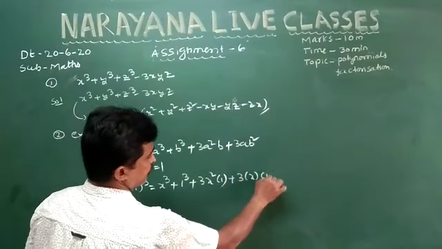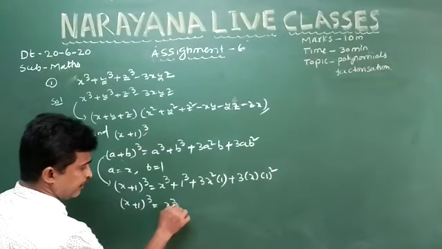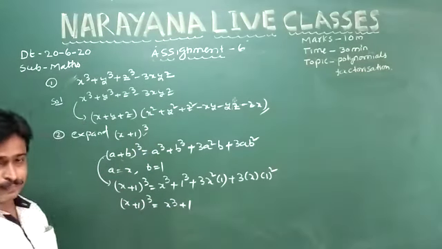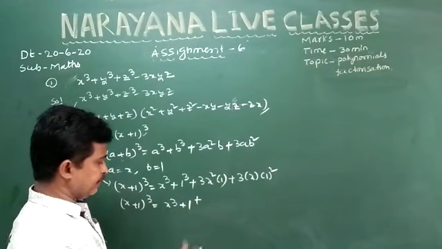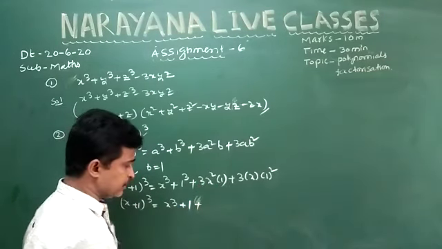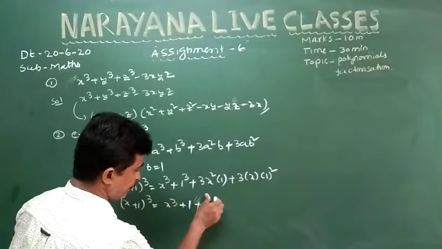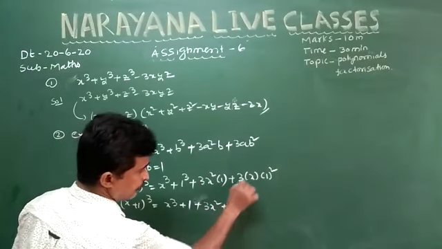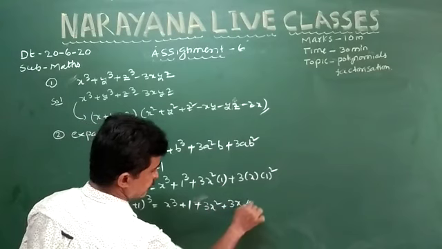I can finalize the problem. x plus 1 whole cube equals x cube plus 1 cube, which is 1, plus 3 into 1 is 3, so 3x square, and 3x into 1 square is 3x.